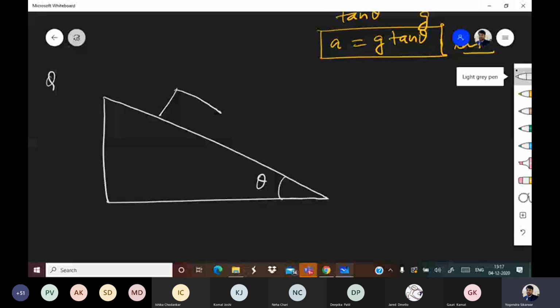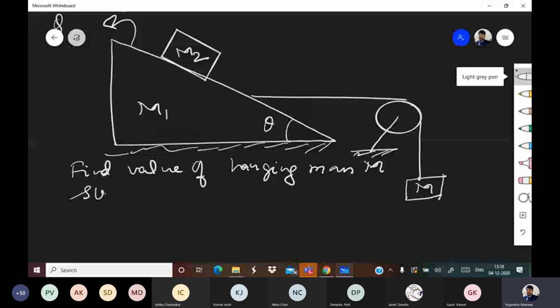So the question says find the value of hanging mass capital M such that M2 does not slip. M2 does not slip on M1. Please solve, everyone.